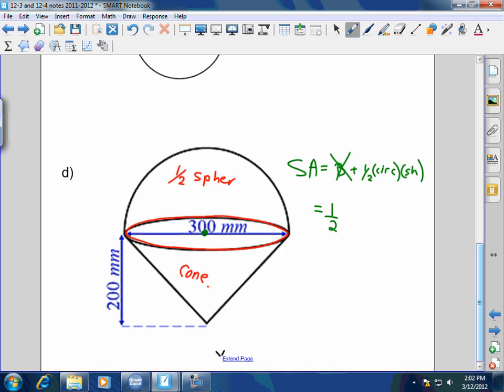Right? So 150, so it's actually going to be, but divided by 2 is going to be 150, right? So that's 150 pi. Now, slant height. If this is 150 and this is 200, what is my slant height?